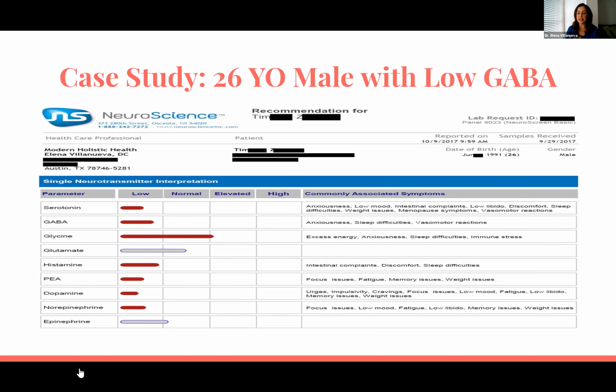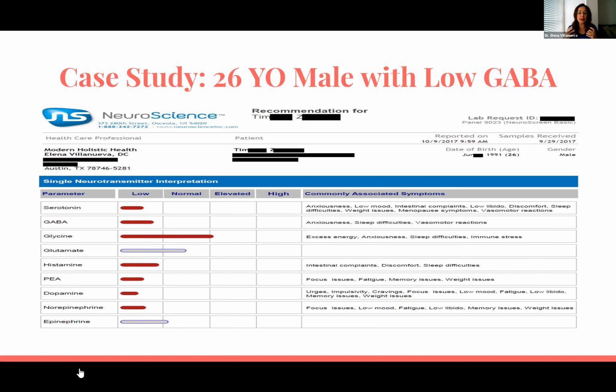And I was so excited to work with this young man because of his background in pharmacy and his understanding of how the pharmaceuticals may not be the best option for him. And he understood that they were not going to fix the underlying root cause of his issues.